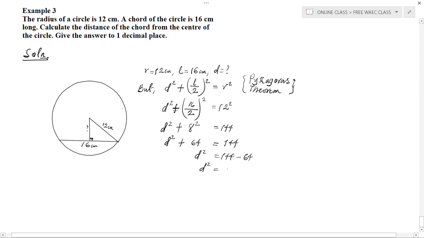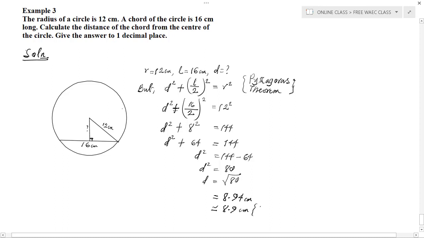D squared equals 80. So we have D equals square root of 80. Punching the calculator here, I have square root of 80, which is 8.94 centimeter. According to the question, we are to find our answer to 1 decimal place. That is approximately 8.9 centimeter.